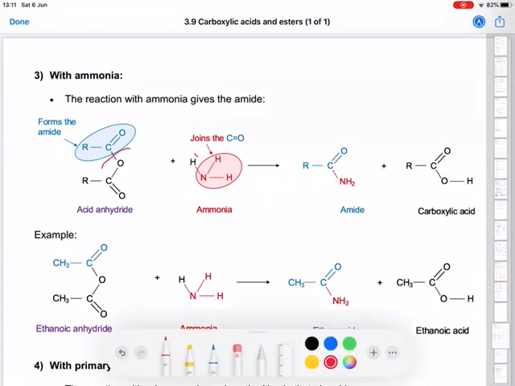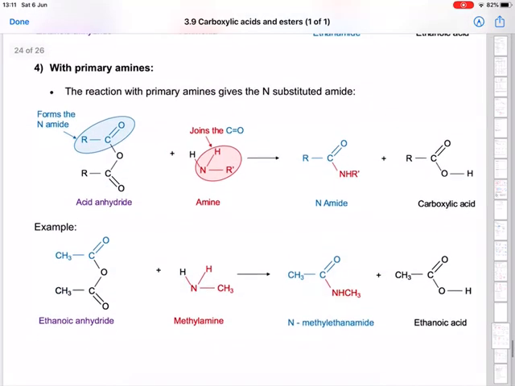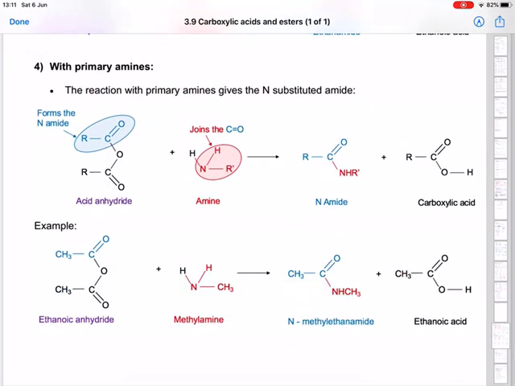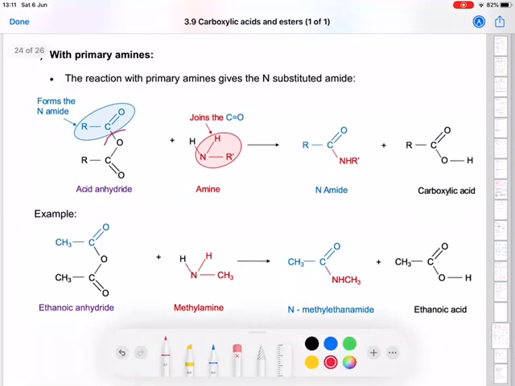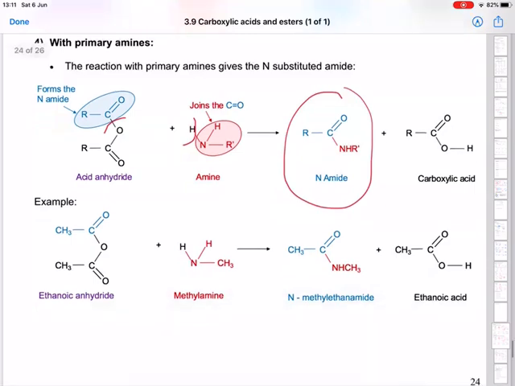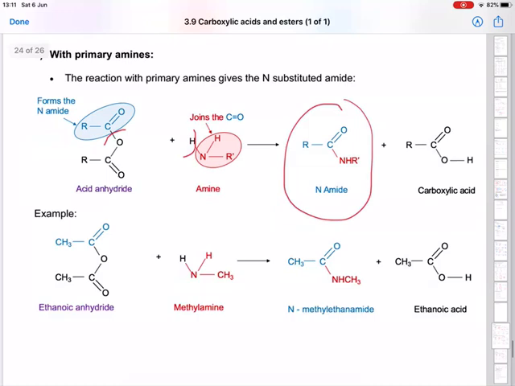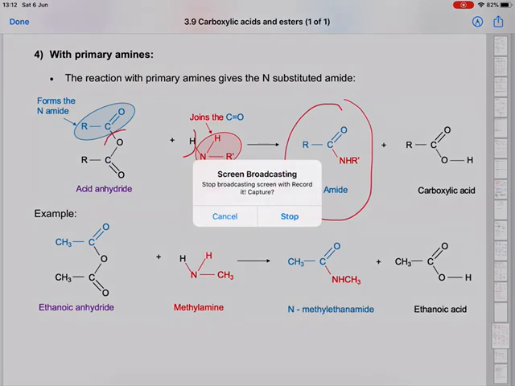If we're doing it with ammonia, again we cut it here, cut that there, and then the NH2 will go on the carbonyl, which gives us the amide that we've got here. And then the primary amine is where one of the hydrogens in ammonia is now an alkyl group. Cut here, cut there, join the two together, gives us the N-substituted amide and the carboxylic acid. Okay, so that's the reactions of the acid anhydrides, and I hope you can see they're identical to the reactions of the acyl chlorides that we've done previously.